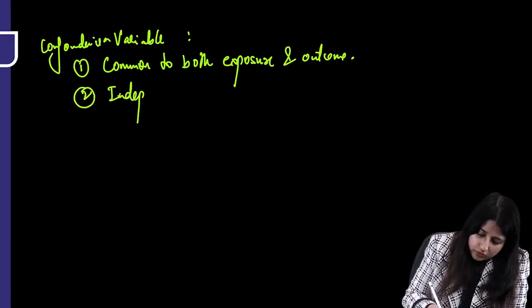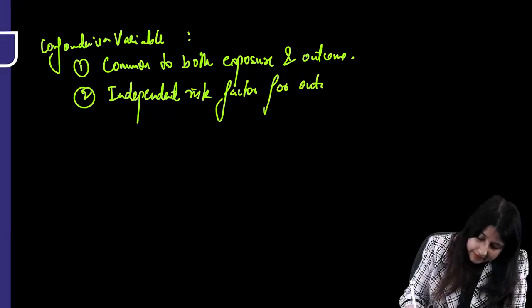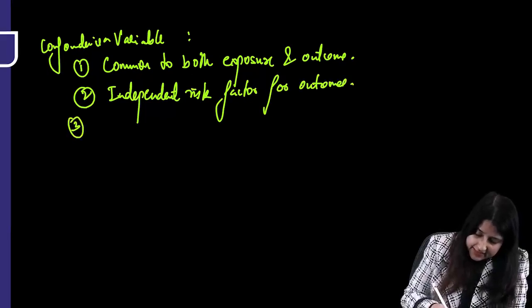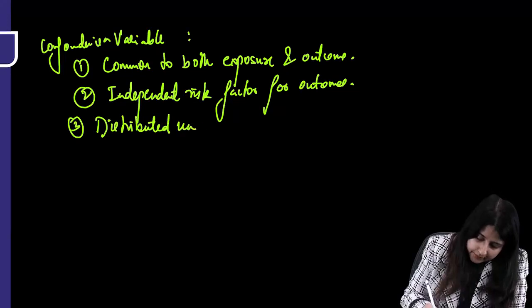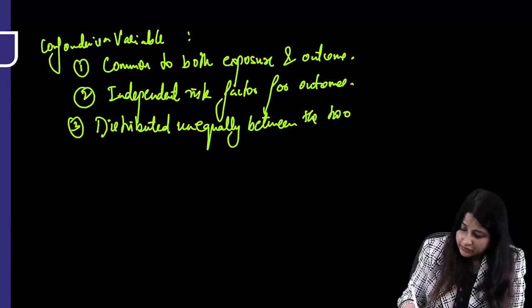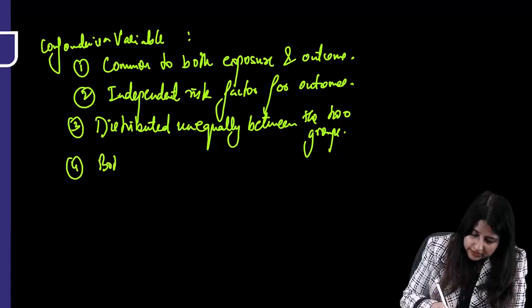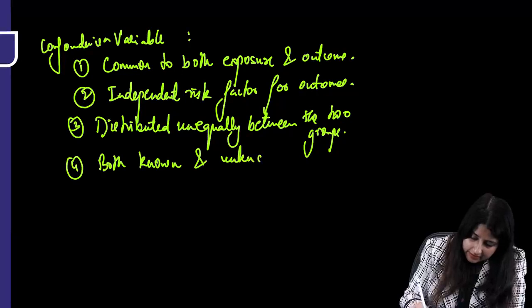Number two, it is also an independent risk factor for the outcome. Number three, it is distributed unequally between the two groups. There are both known and unknown confounders in a study.